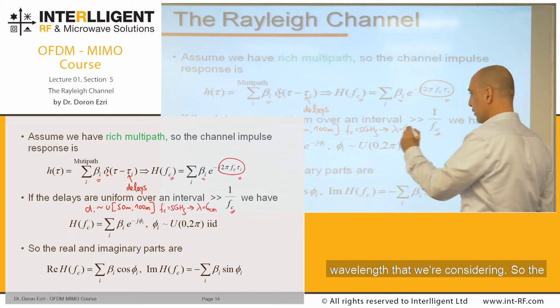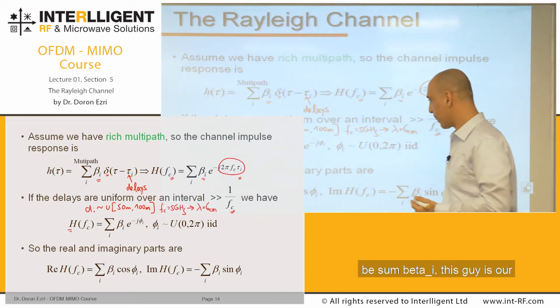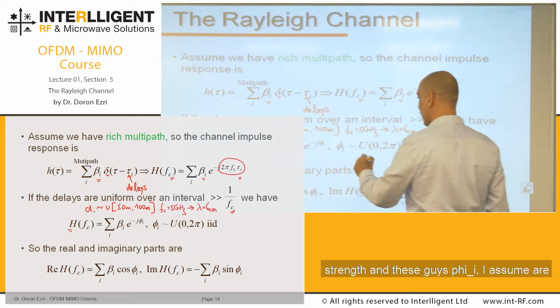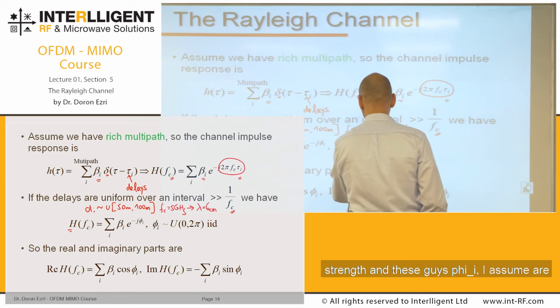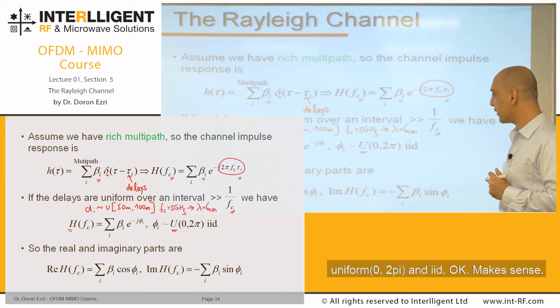So the transfer function evaluated at fc would be sum of beta i e to the minus j phi i. These beta i are our strengths, and these phi i I assume are uniform 0 to pi and IID.